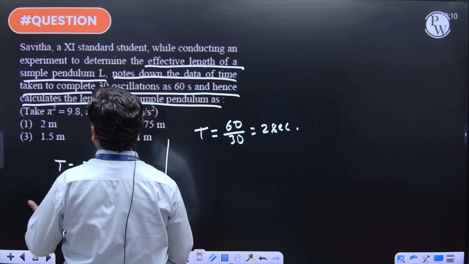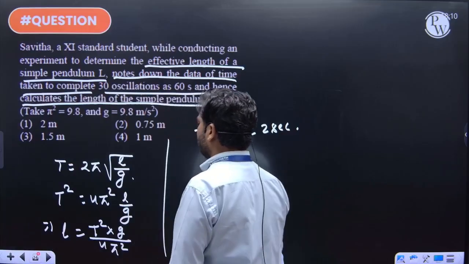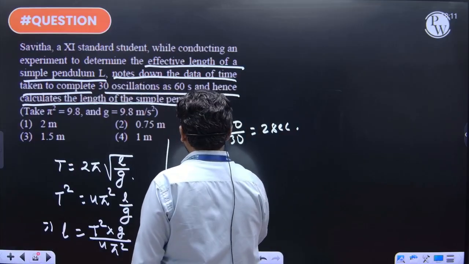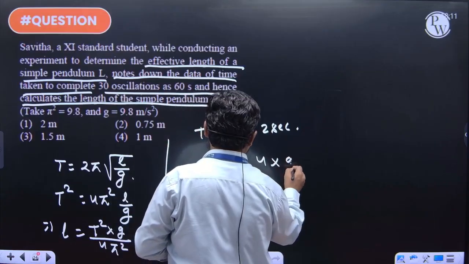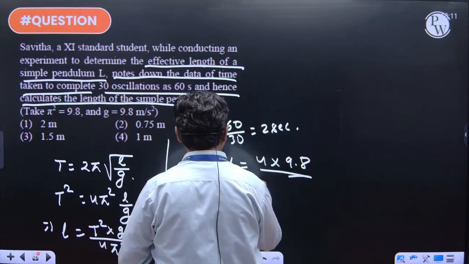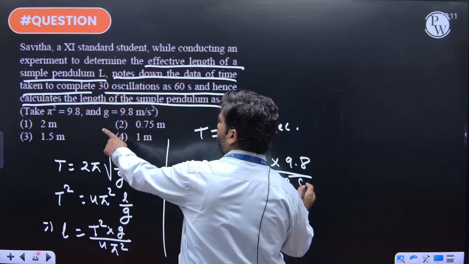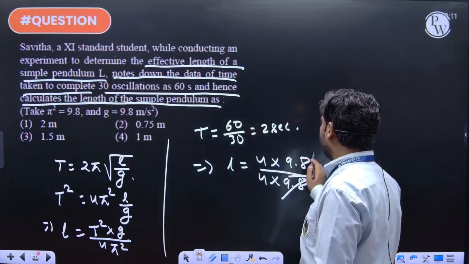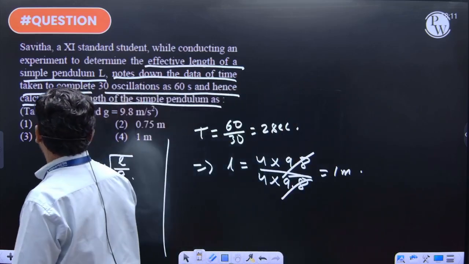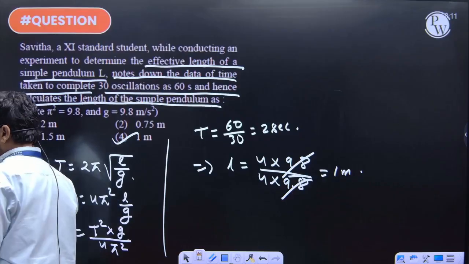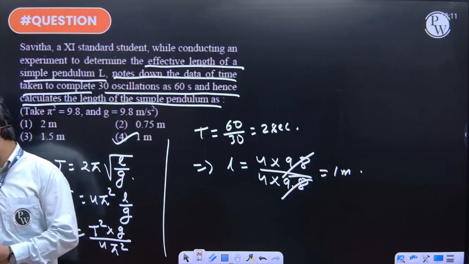Pi square value is approximately 9.8, or sometimes we take 10. So L equals T square, that is 2 square, 4 into 9.8 divided by 4 pi square value, which is given, we can take it as 9.8. This one will be cancelled, so L is equal to 1 meter. So easy question. How much are you getting the length as? Length is equal to 1 meter.